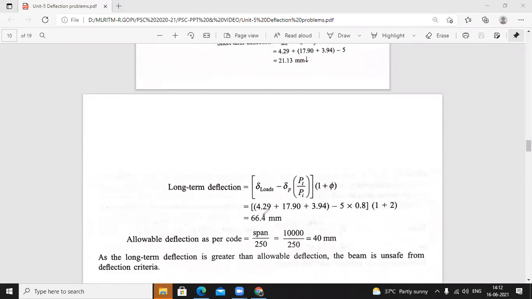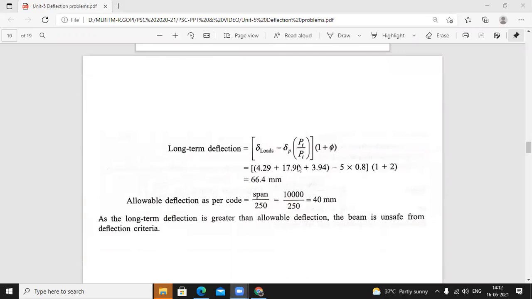Okay, which one is higher? Definitely long-term deflection is higher. Next, allowable deflection. As per IS 1343 code, we already saw allowable deflection is span by 250. So what is our span? 10,000 divided by 250. So what is the allowable limit? Allowable means permissible.